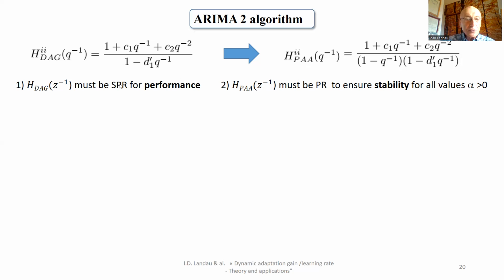Based on the previous results, the dynamic adaptation gain should be characterized by a strictly positive real transfer function for performance, and the embedded HPAA filter must be positive real in order to ensure stability for all values of the adaptation gain.